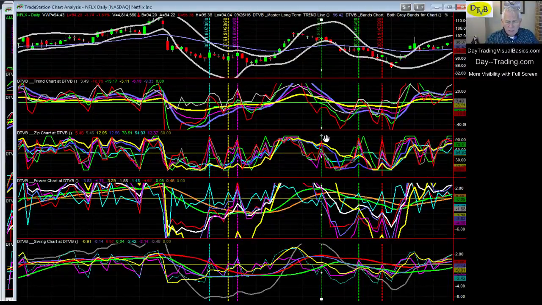The other key things about this is that your trend trio is above zero going down, and your other short-term trend groups, trend trio, trend power group, and your swing group, all of those lines are going down. So we actually have 7 short-term trend lines all heading down, which is the best way to buy a red-green top.